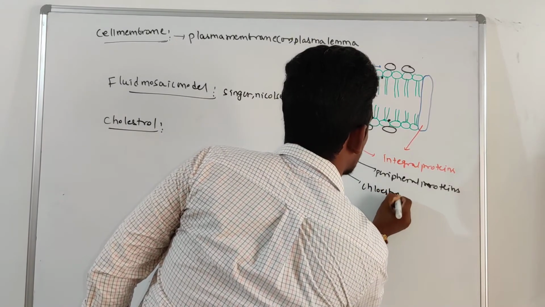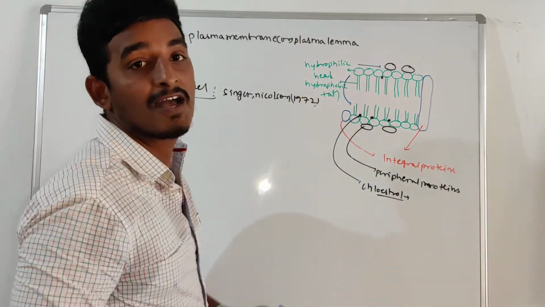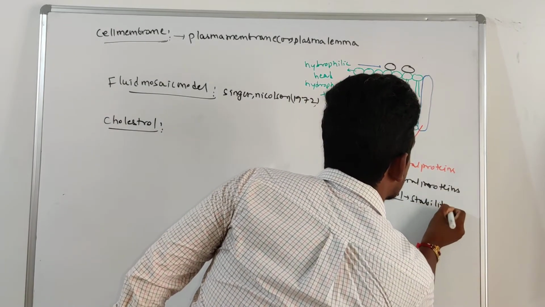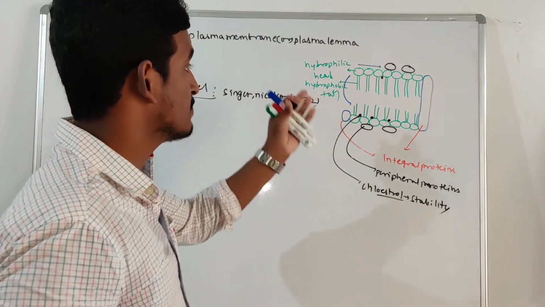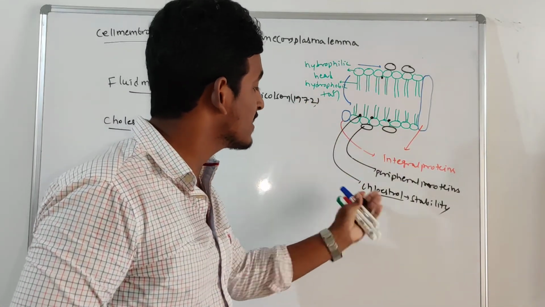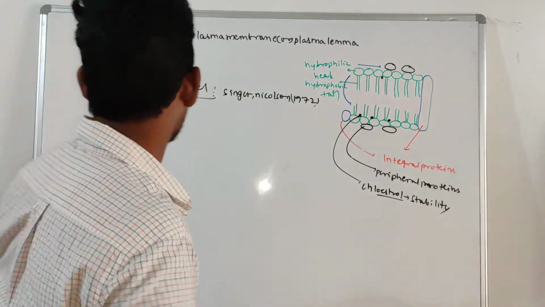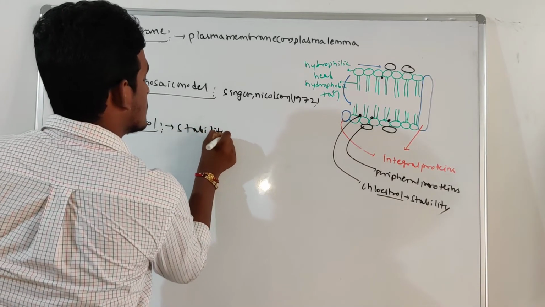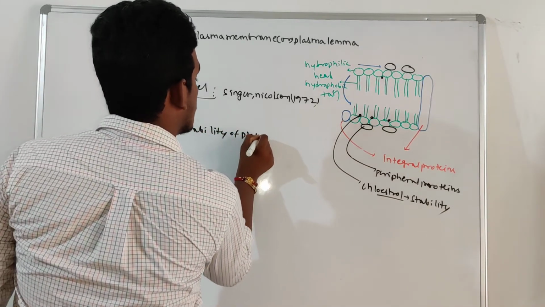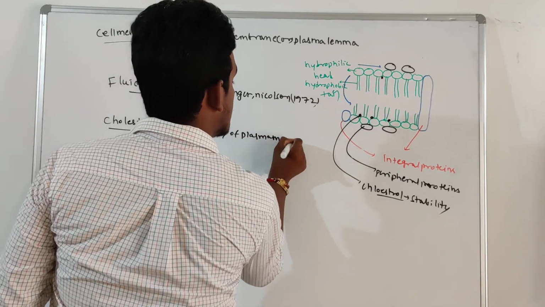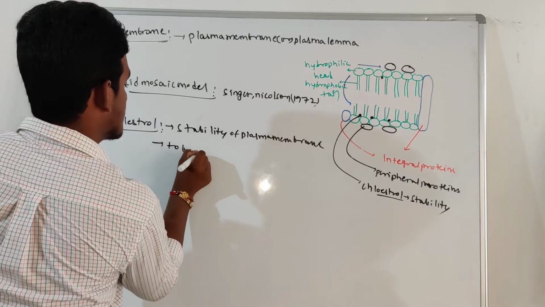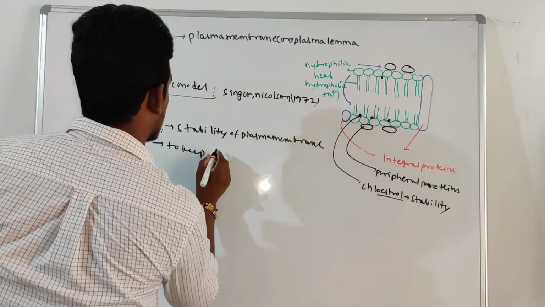What is the use of this cholesterol? It is helpful for plasma membrane stability, and at cold temperatures also, the membrane structure is maintained by this cholesterol only. So it is helpful for stability of the plasma membrane and to keep the membrane intact in cold temperature also.